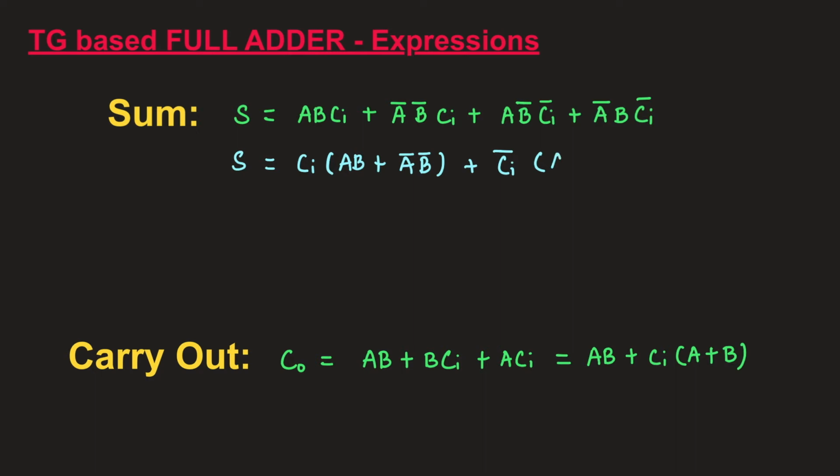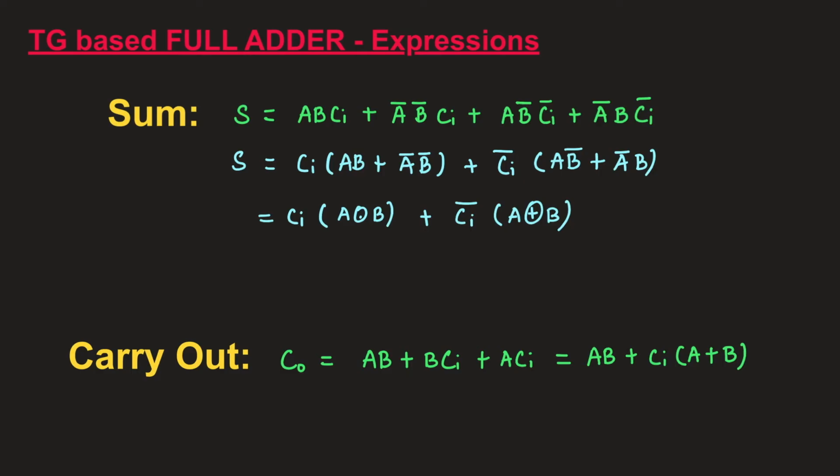So therefore this we can rewrite as A B bar plus A bar B. We know that AB plus A bar B bar is going to be A XNOR B plus Ci bar, and A B bar plus A bar B can be expressed as A XOR B.